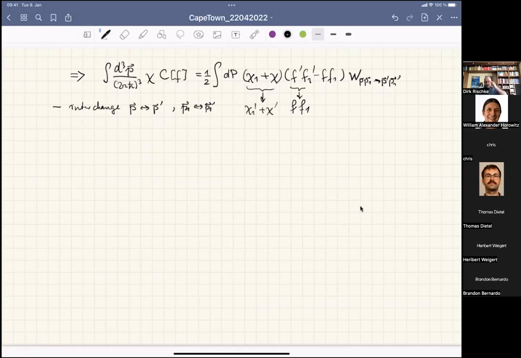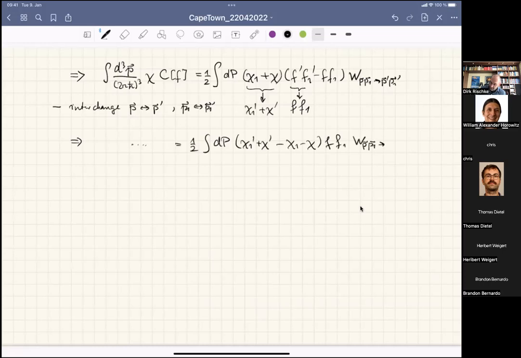So I can write the right hand side also as 1/2 dP (chi 1 prime plus chi prime) times f f1 minus (chi 1 plus chi) times f f1, times W.